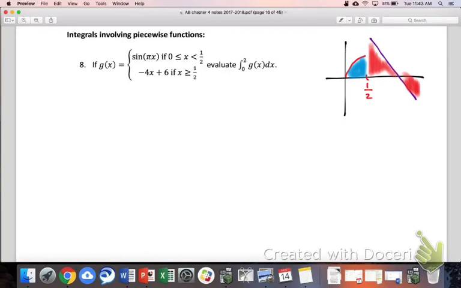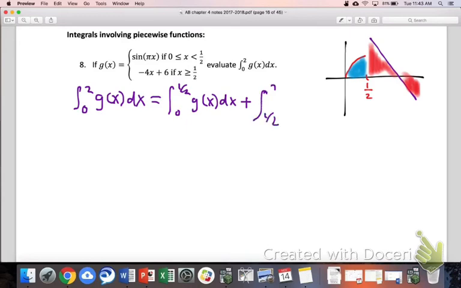We could say integral from 0 to 2 of g of x, and we're using one of those properties we talked about at the end last time, equals the integral from 0 to 1/2 of g of x plus the integral from 1/2 to 2 of g of x. We're splitting it up right there on the piecewise part.